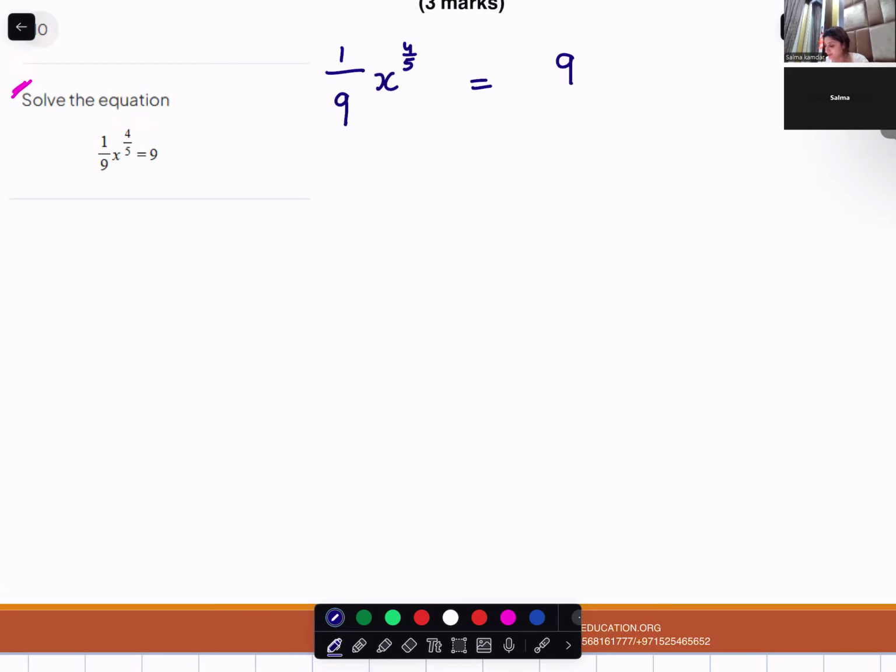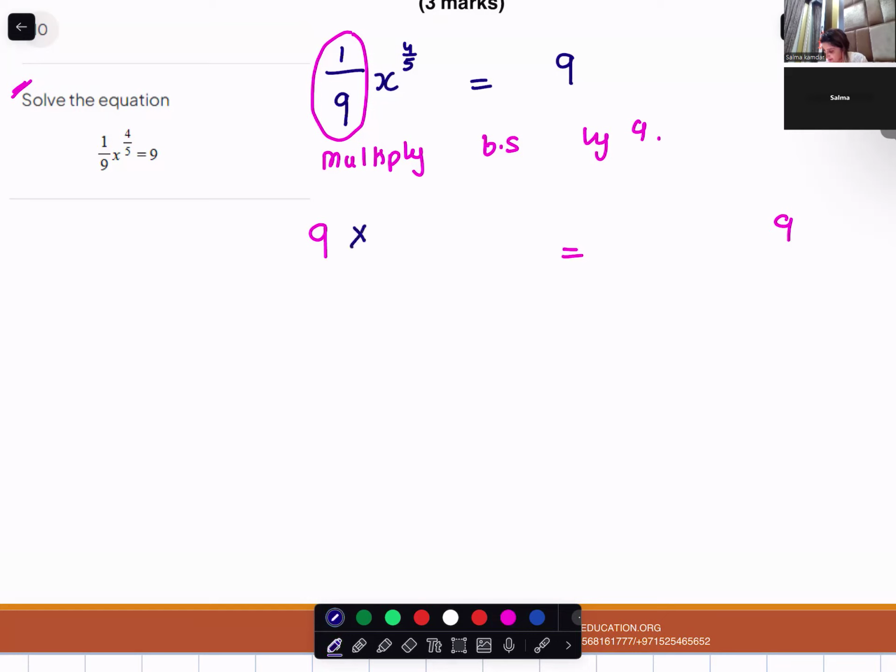I want the x to be alone. That means I want to get rid of this 1 upon 9. Is there any way I can get away from here? Yes, you can, if I multiply both the sides by 9.